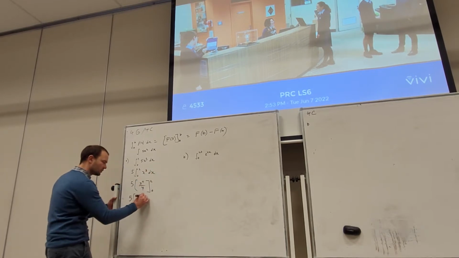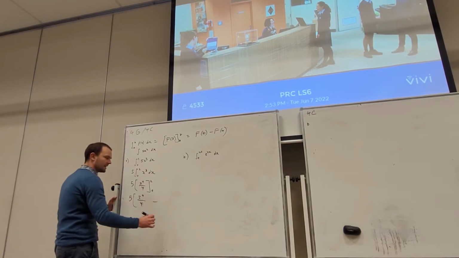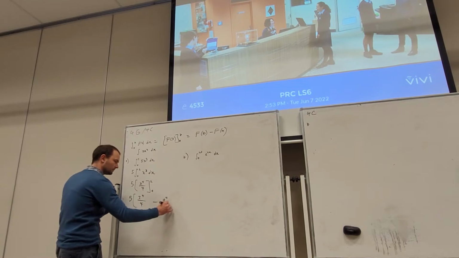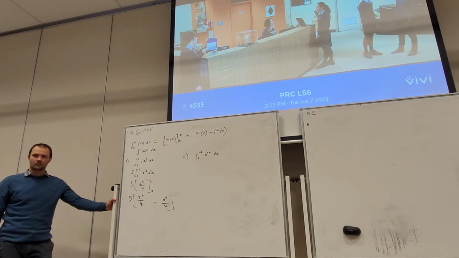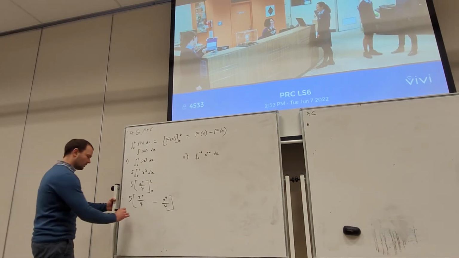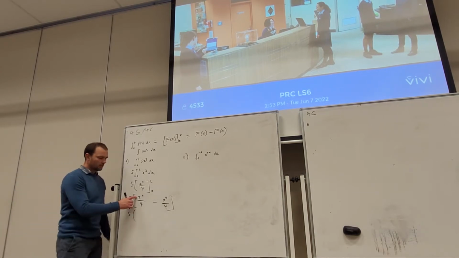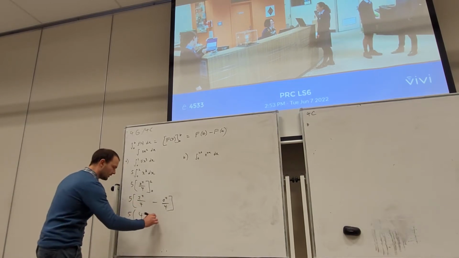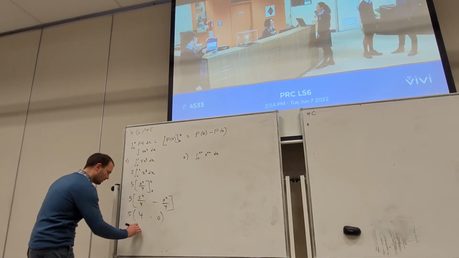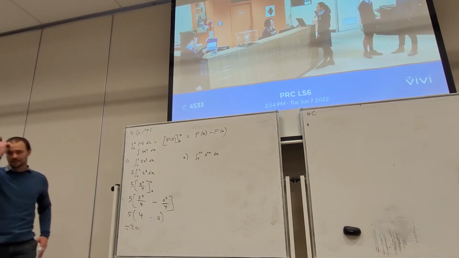Let's substitute 2 in, and then take away when we substitute 0 in. So we have 5 times 2 to the power of 4, which is 16, divided by 4 is 4. And this is going to be 0. We've got 5 times 4. Our answer is 20.